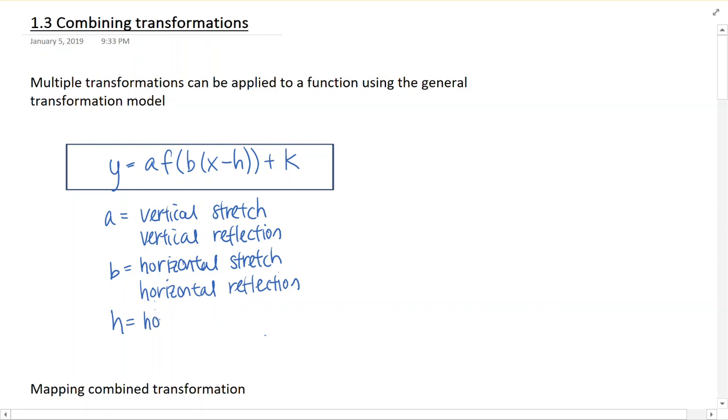H is horizontal translation, and K is vertical translation.